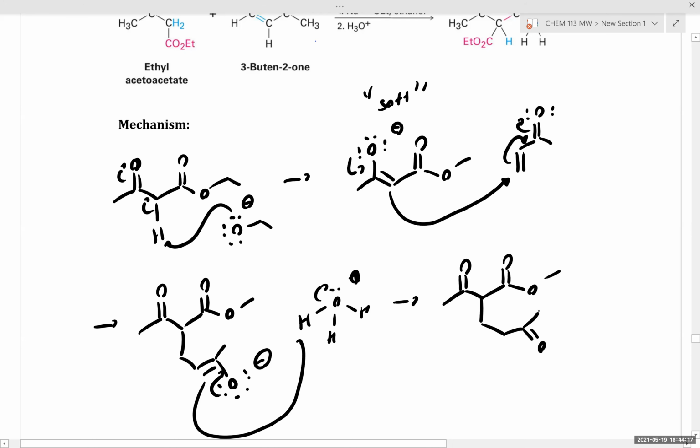Does this mechanism make sense to everyone? Perfect.